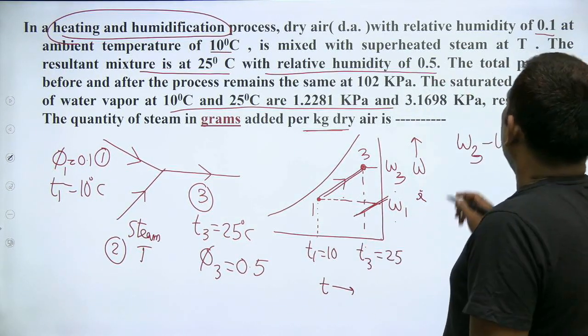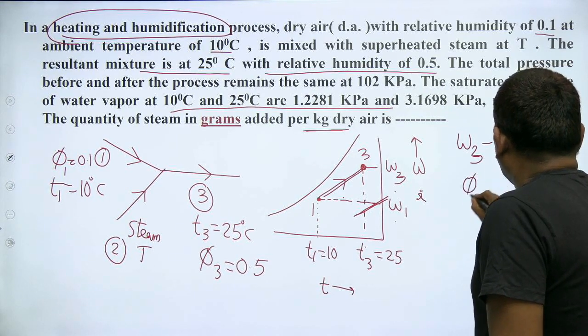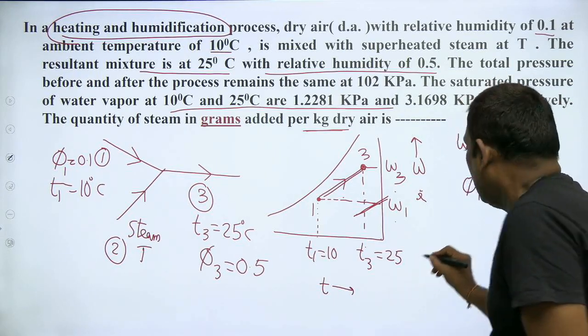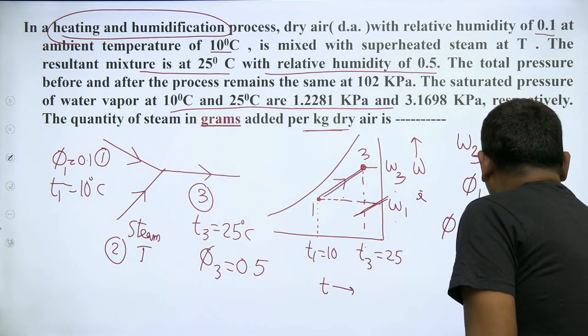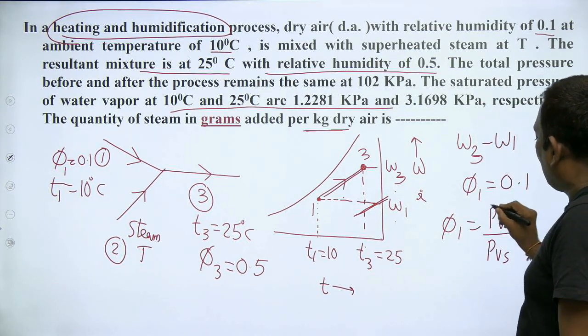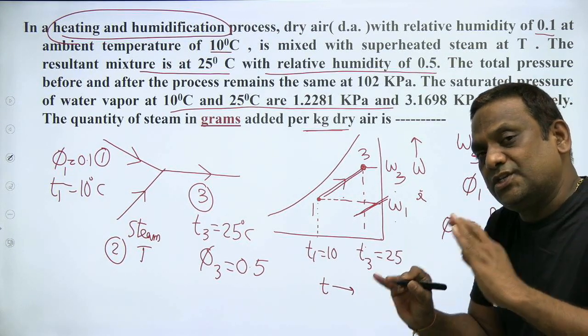Now the relative humidity at 1 is given as 0.1, and you know that relative humidity is given by PV by PVS, where PV is partial pressure of vapor and PVS is partial pressure of vapor under saturation conditions.